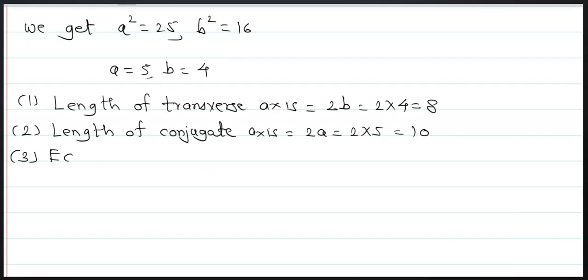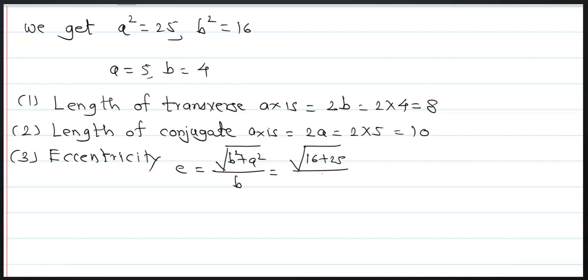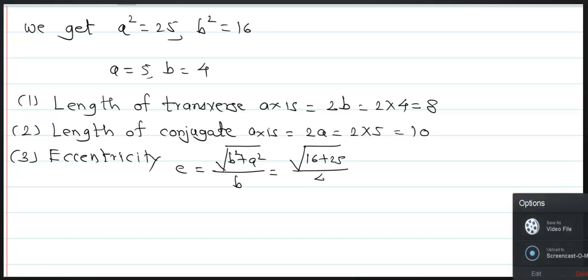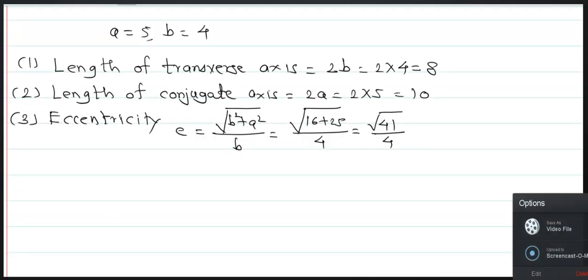Next, eccentricity, e is equal to root of a square plus b square upon a. Substitute the value, 16 plus 25 upon 4, that is root of 41 upon 4.